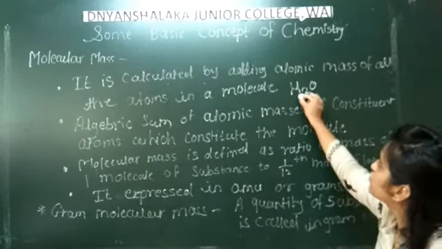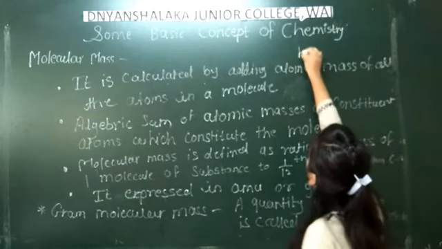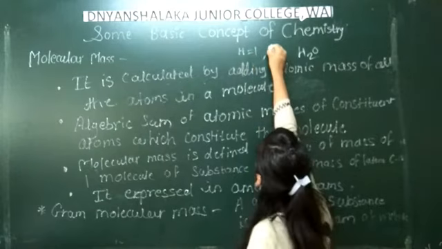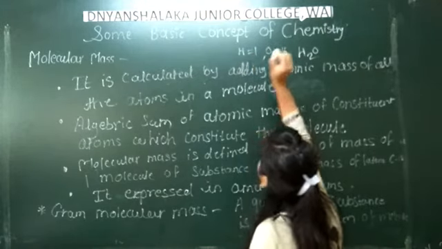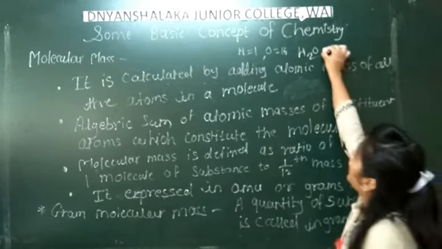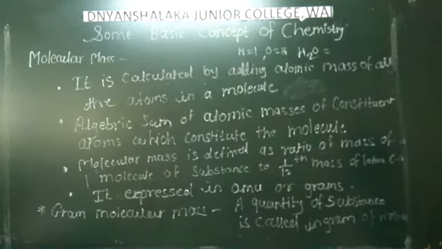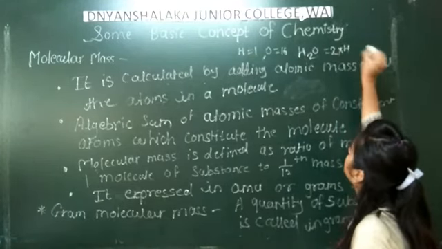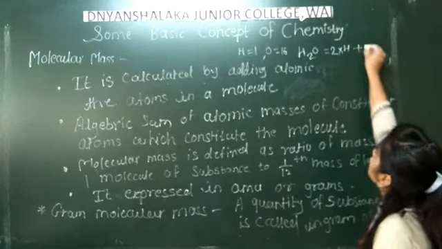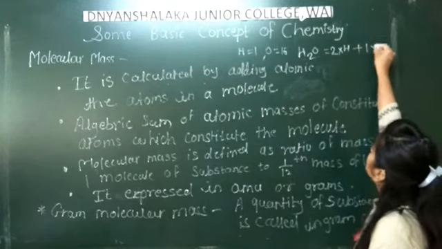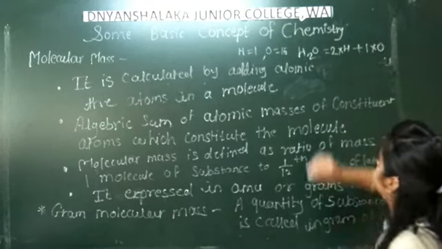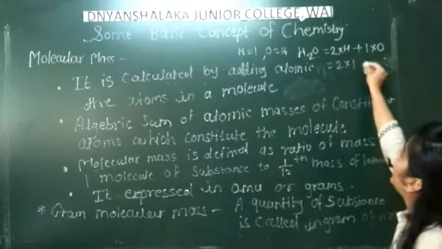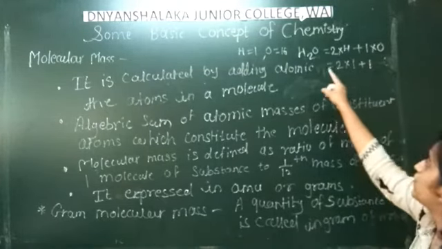For example, H2O. Atomic mass of hydrogen is 1 and atomic mass of oxygen is 16. Calculate the molecular mass of a water molecule. H2 means 2 into the hydrogen atomic mass, plus 1 mole of oxygen into the oxygen atomic mass.